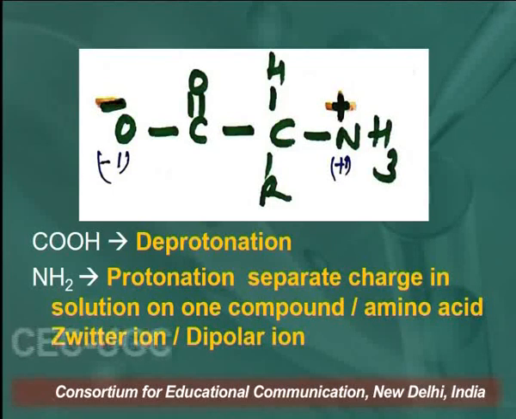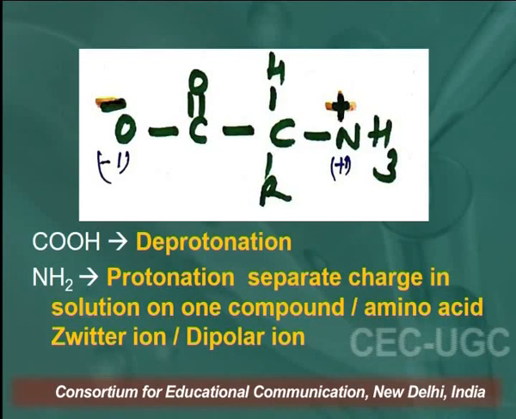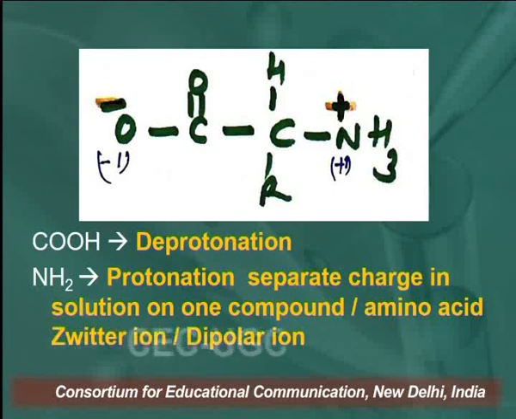So, as I told you, because there is a COOH group, when hydrogen is transferred from the COOH group, we call this deprotonation. So, transfer of hydrogen is called deprotonation. Similarly, protonation occurs at NH2.